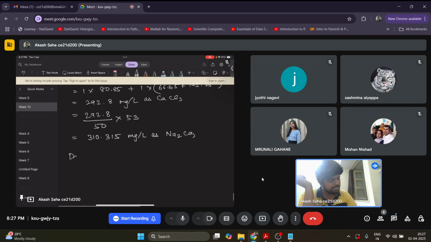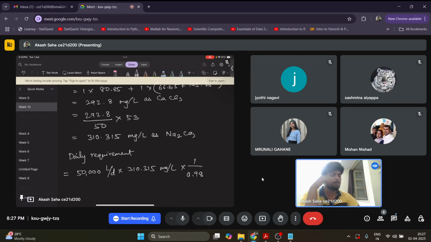So my daily requirement will be the flow rate, 50,000 liters per day, into 310.315 milligram per liter. Then purity is 98%, so I will multiply by 1 by 0.98, into 10 to the power minus 6 kg per mg. So directly I can get 15.83 kg per day.